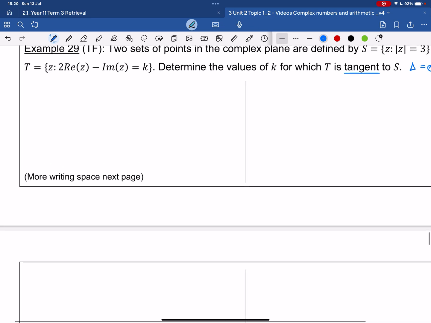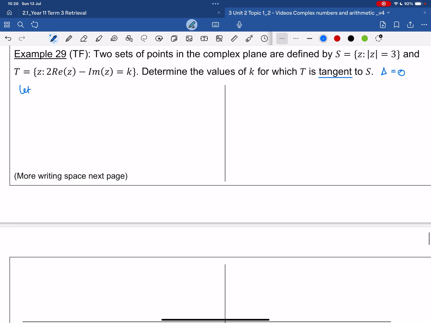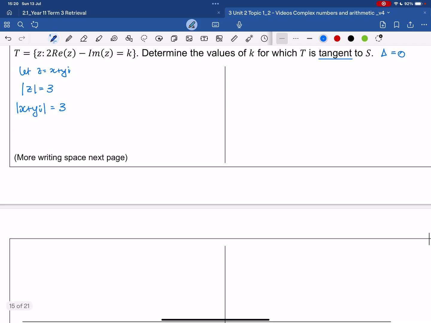Let Z equal X plus YI. And what we've got is the modulus of Z is equal to 3. And so the modulus of X plus YI is equal to 3. And remember, in order to find the modulus, we say the square root of X squared plus Y squared is equal to 3. And that then looks very much like X squared plus Y squared is equal to 3 squared.